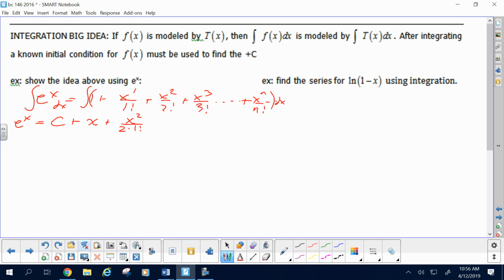And the next antiderivative is x cubed over 3 times the 2 factorial down there, plus, and so on. And the antiderivative of x to the n over n factorial is x to the n plus 1 over n plus 1 times n factorial.